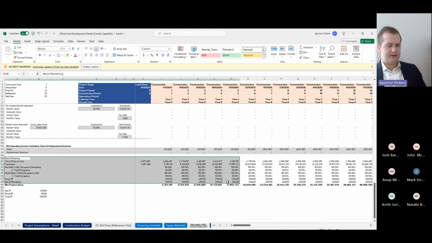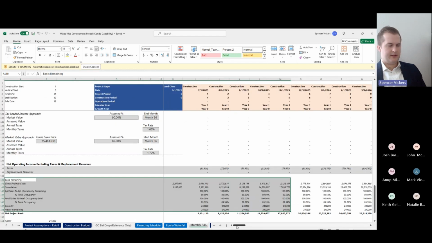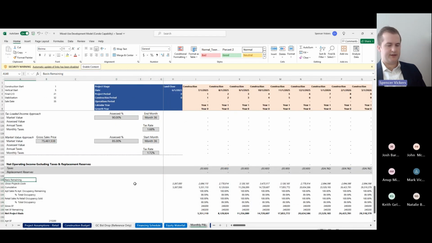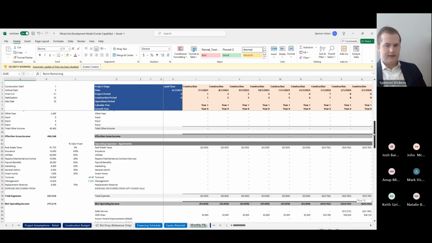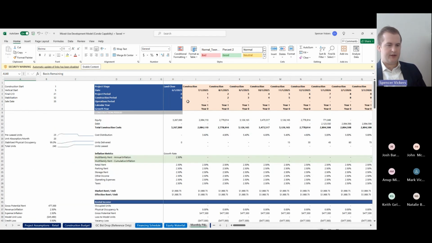This basis remaining information here relates back to the condo sale scenario. So that is the monthly P&L.